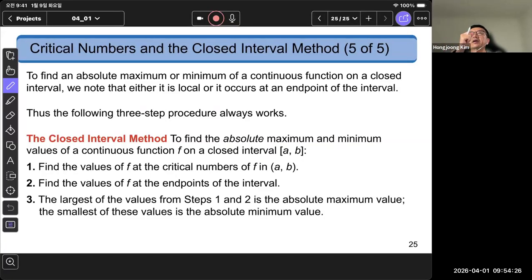Okay, I have one message from one of the students asking, will the midterm exam be more practical questions or will it be more conceptual?